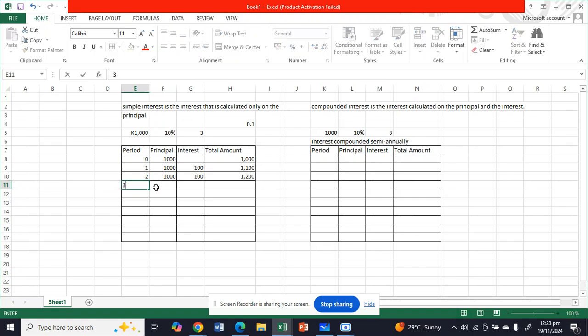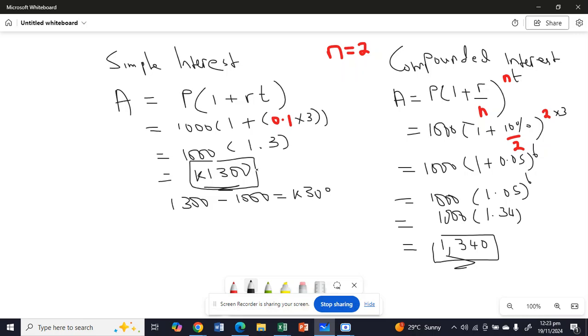Year three comes, again, interest of 100 kwacha. At the end of year three, you have a total balance of 1300 kwacha, which is this amount we calculated here, this 1300. This is how much you must have at the end of the 3 years.